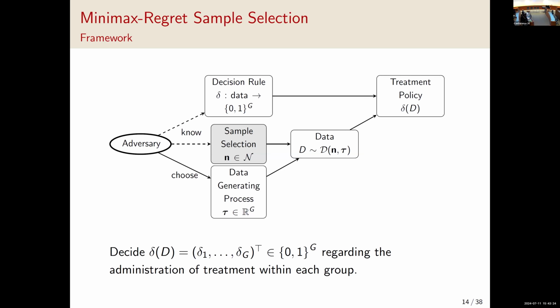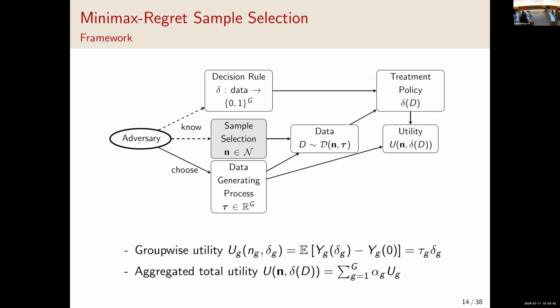After collecting the data, we will then use a decision rule that maps the data to a G-dimensional binary vector of decisions of whether we will administer treatment or not within each group in the population.